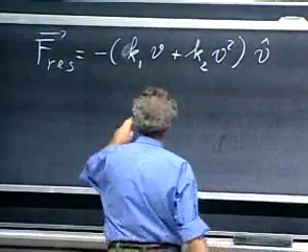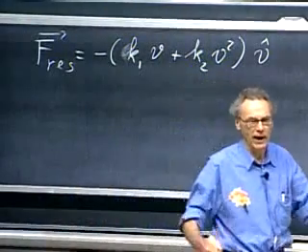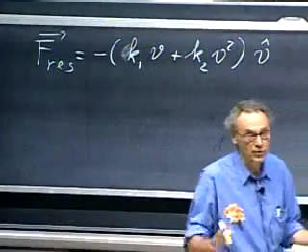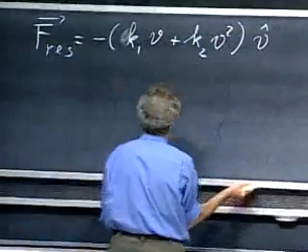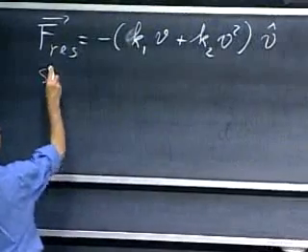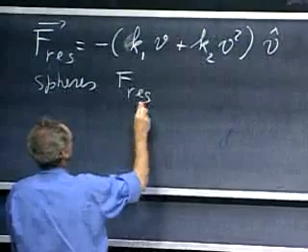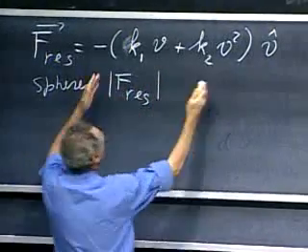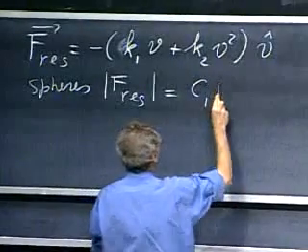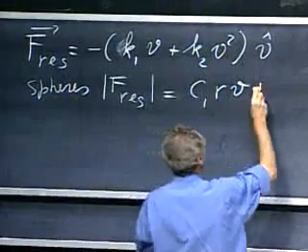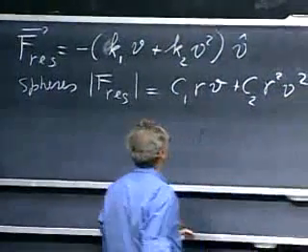And the k values depend on the shape and the size of the object and on the kind of medium that I have. Today I will restrict myself exclusively to spheres. And when we deal with spheres, we're going to get that the magnitude of the force equals C1 times r times the speed plus C2 times r squared times v squared.